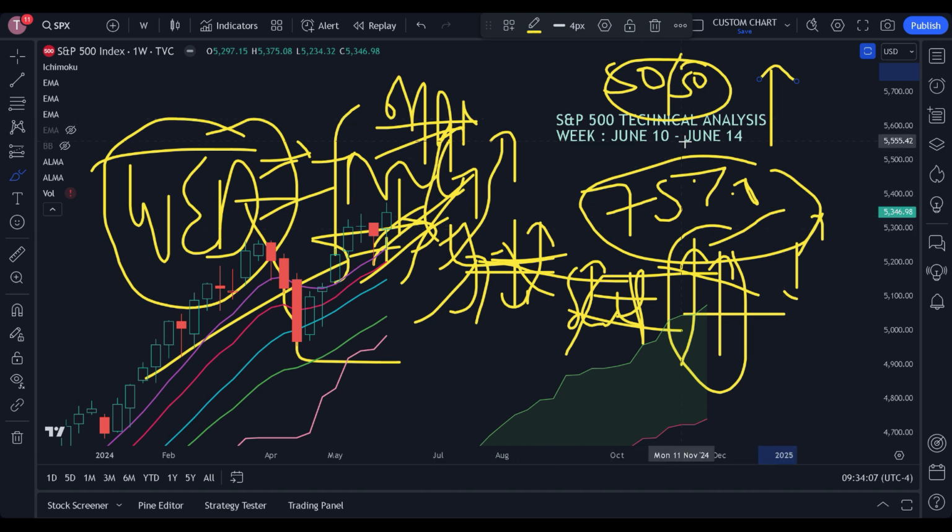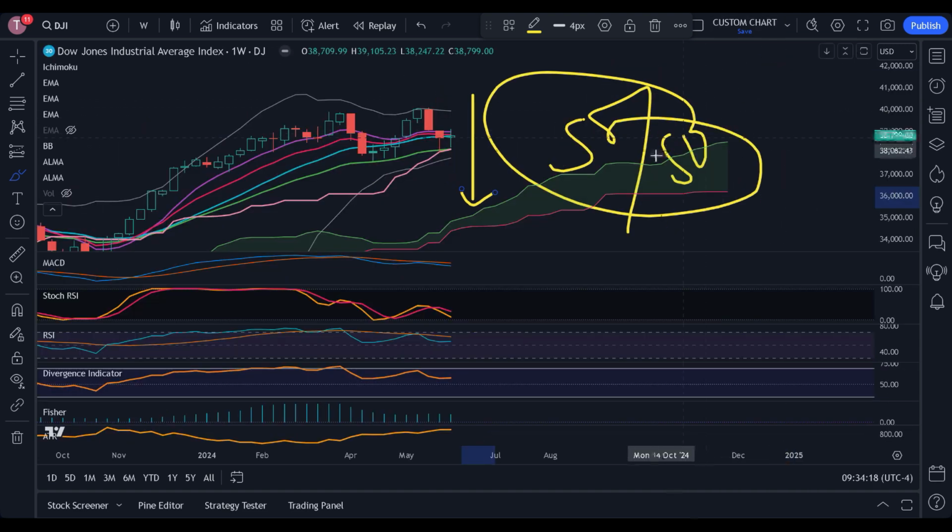And we have seen that it was able to move up and remained bullish, because although it was 50 on the daily chart, it was more into the bullish side. Similarly, the Dow Jones here is 50 but it is on the bearish side.